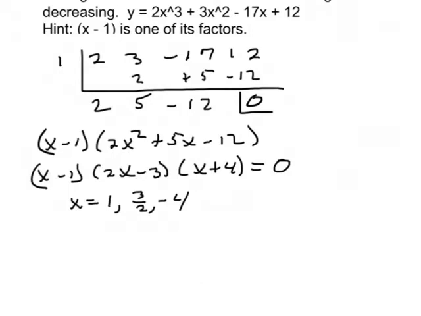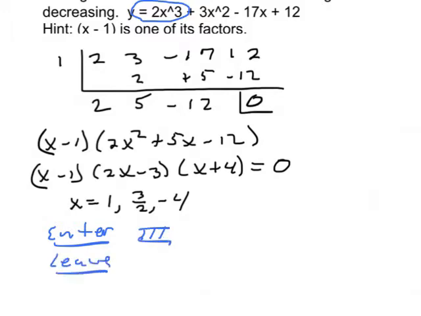So I see the function is going to enter, looking at this part of it right here, in the third quadrant, and I can see that it's going to leave in the first quadrant. Okay, so there's some left hand and right hand behavior. Now let's quickly set up a little graph here and write down what we know so far.